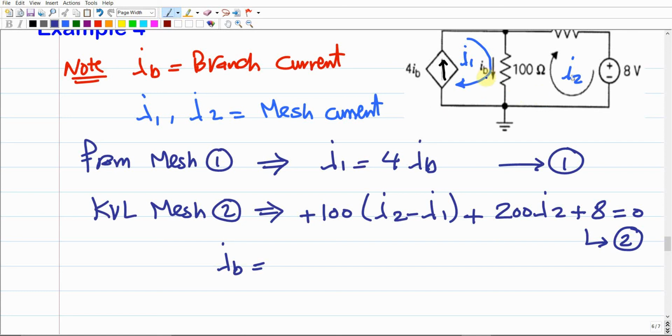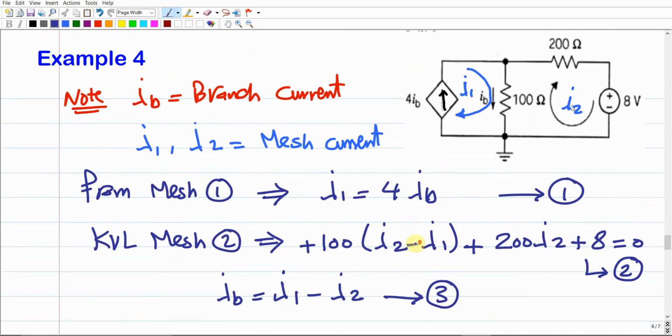It's gonna be I1 negative I2. Why? I'm gonna consider because I1 in the same direction of the IB, but I2 in the opposite direction. So it's gonna be positive I1 negative I2. This is gonna give us the current over this branch, which is IB, and this is gonna give us a third equation. So we're gonna end up with three equations in three unknowns, which are the I1, I2, and IB. Simply can be solved to find them.